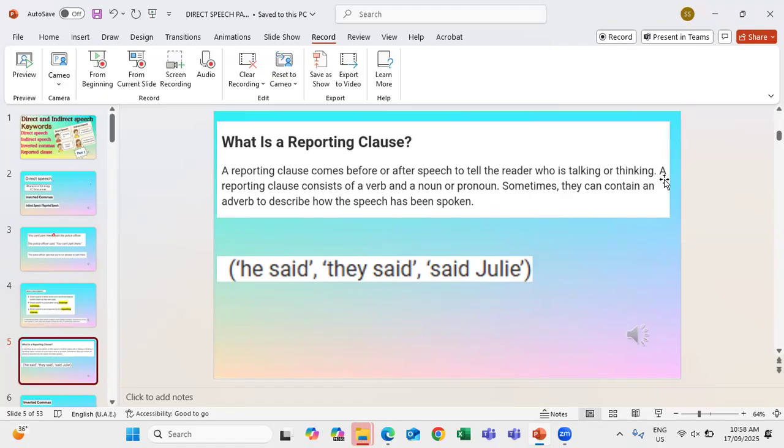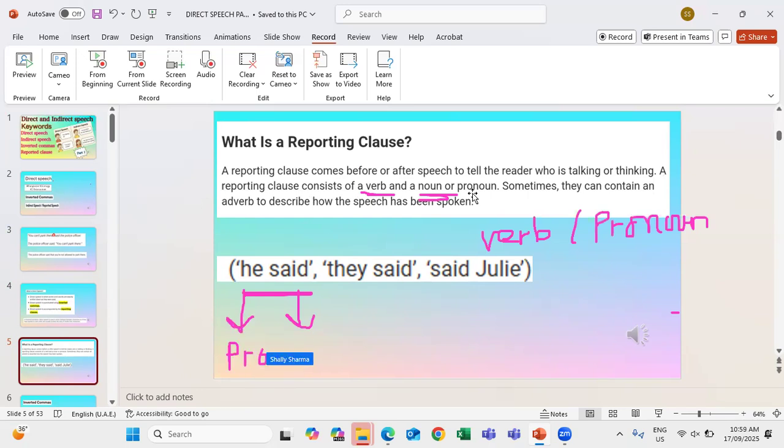Then a reporting clause consists of a verb and a noun or pronoun. So it will have a verb and a noun, or it can have a verb and a pronoun. What does it mean? For example, it's written "he said." Here said is a verb, and he is a pronoun.